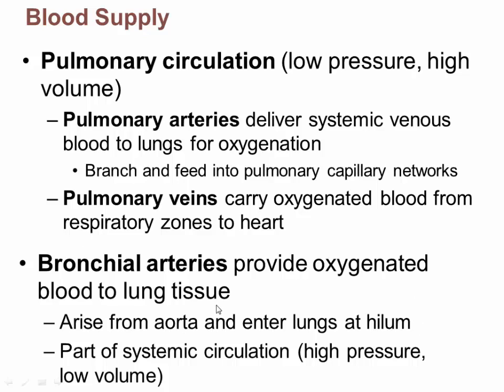So, 2 different things. This is bringing blood specifically to the lungs to just pick up oxygen and drop off carbon dioxide, whereas bronchial arteries are a systemic circulation that's bringing oxygenated blood to the lungs. So the lung tissue has its own oxygenated blood.